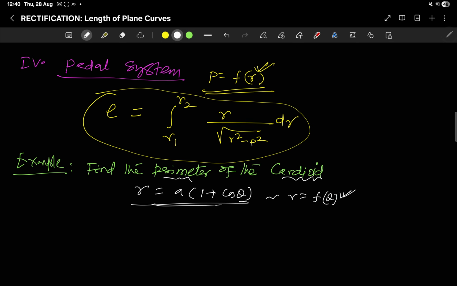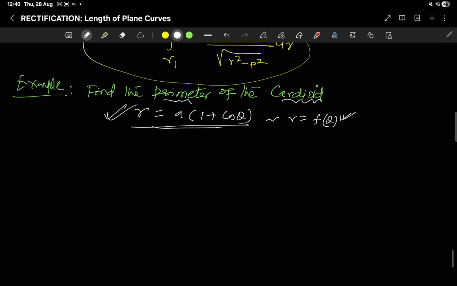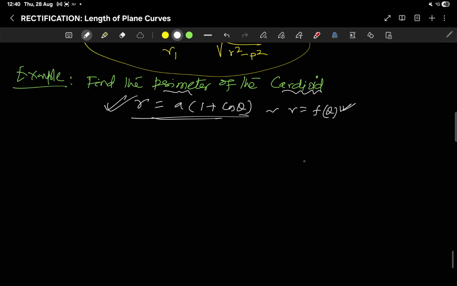Similarly, another form of the cardioid is r is equal to a into 1 minus cos theta. Here it is given as r is a into 1 plus cos theta. Actually we don't need the picture, but the picture of this cardioid is like this.